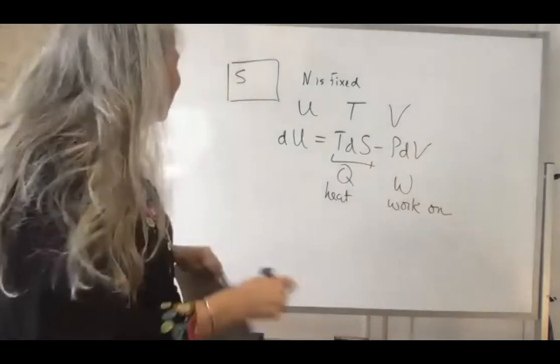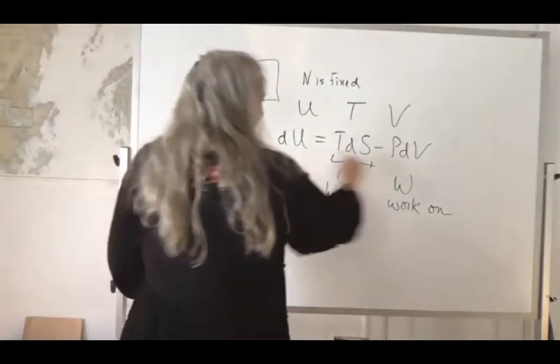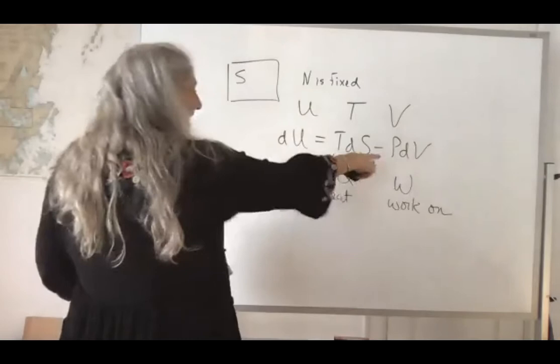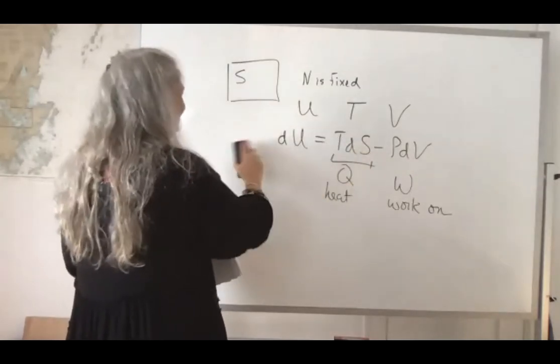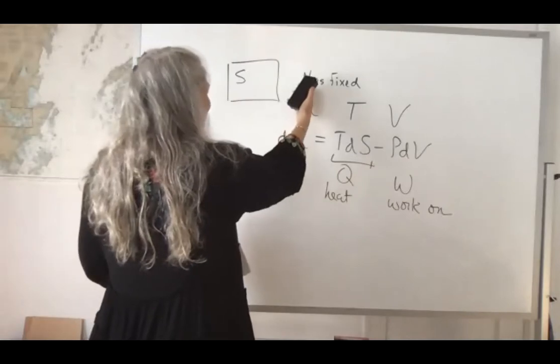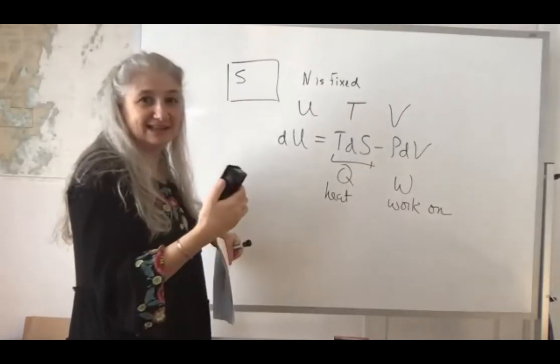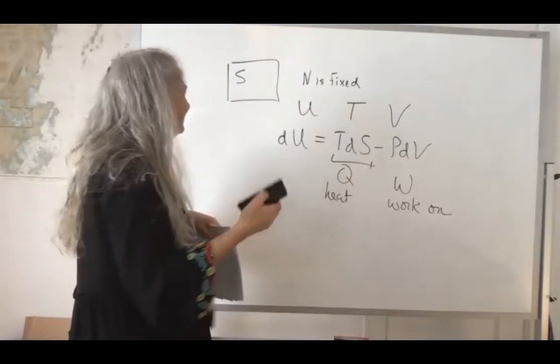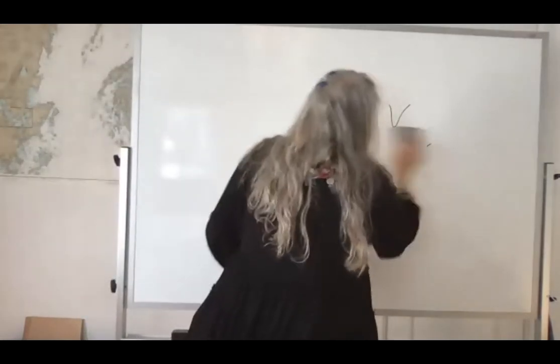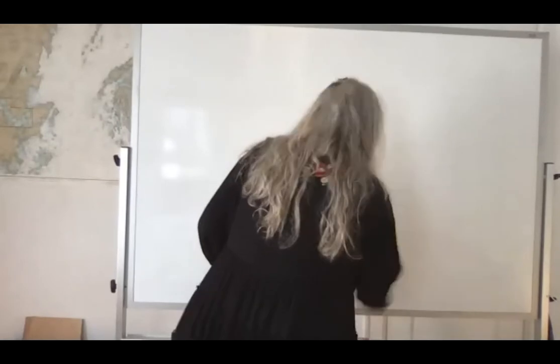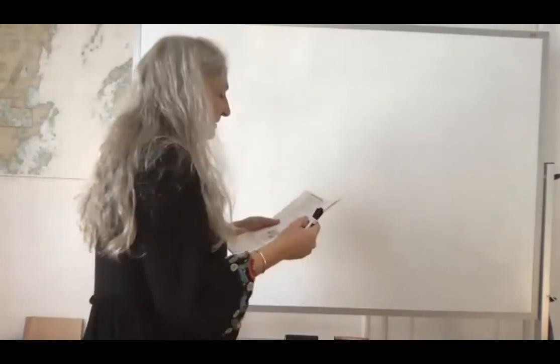So that's what we're going to talk about today. I just wanted to remind you of that, because that's essentially what we're going to be using for all the operations. And again, the setting is we're not letting the amount of stuff in the system, the number of molecules, change. We're not going to talk about other things like phase transitions.